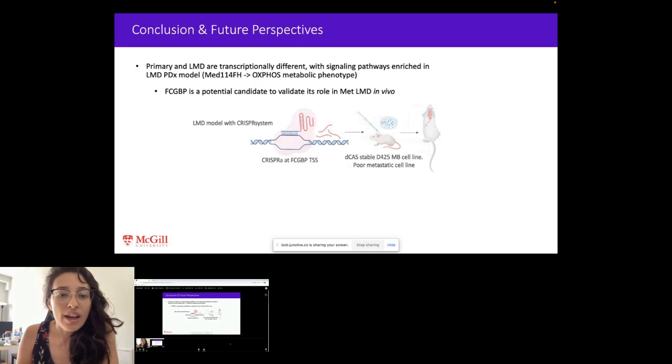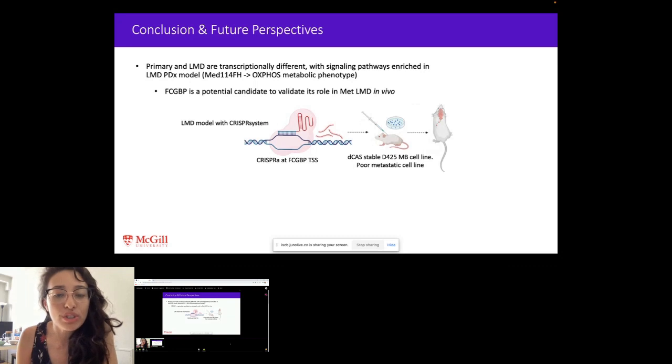Right now, I'm working on a CRISPR system to overexpress FCGBP in a medulloblastoma cell line that we know has a poor rate of metastasis. So if we overexpress FCGBP, we should see an increase of metastasis.